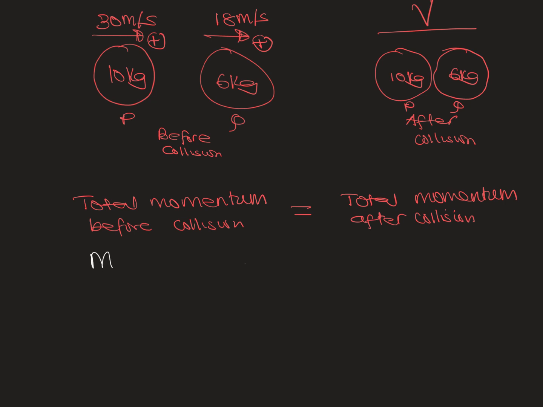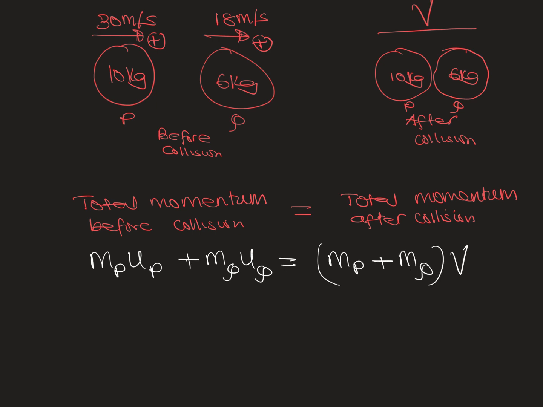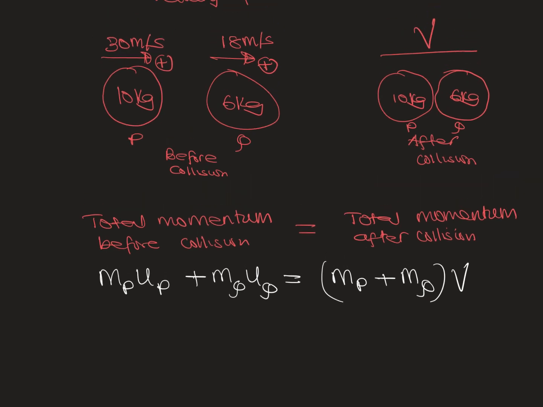That will be the mass of P, the initial velocity of P, plus the mass of Q, the initial velocity of Q, equals the mass of P plus the mass of Q, all times V, because they move with a common velocity. This is the formula that you have to use when you are dealing with a perfectly inelastic collision. Remember, for a perfectly inelastic collision, the bodies stick together after collision and they move with a common final velocity.